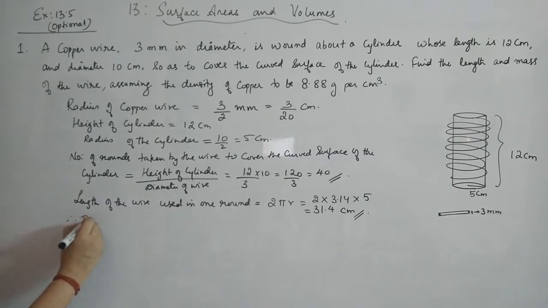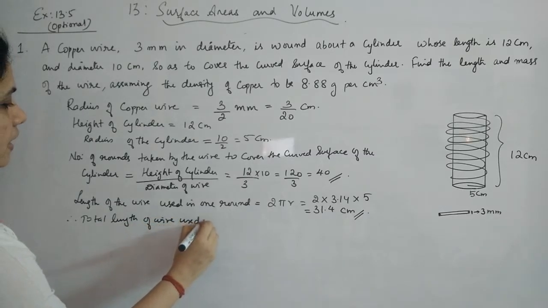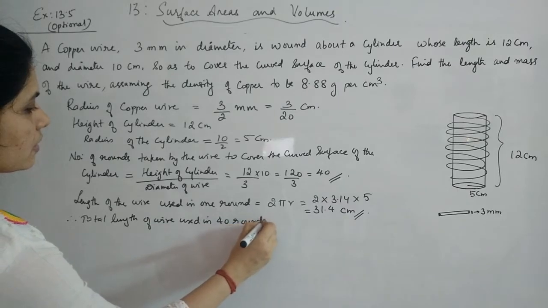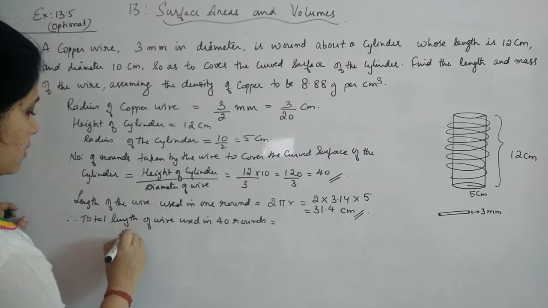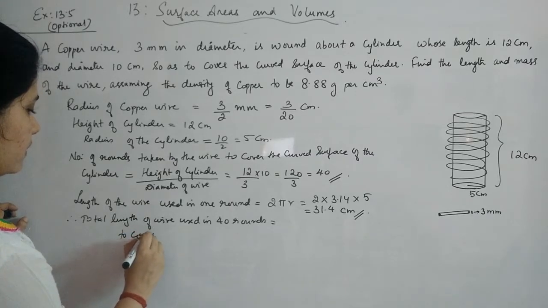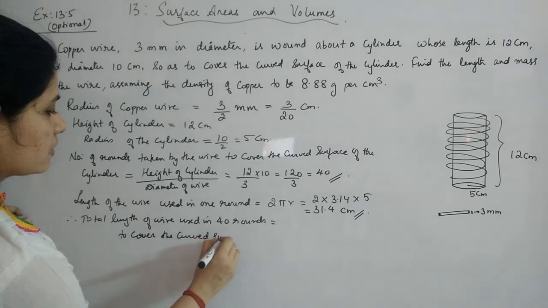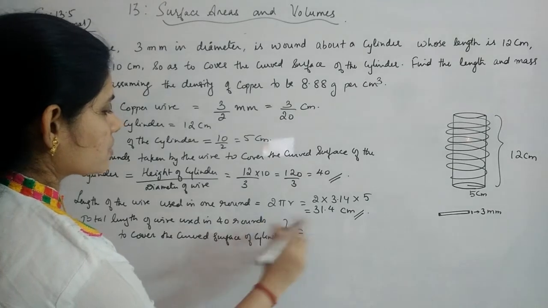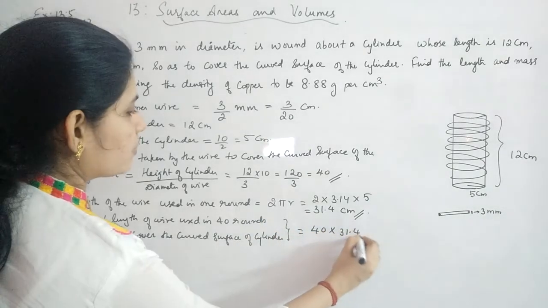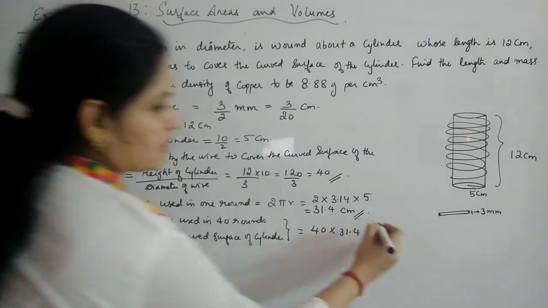Therefore, the total length of the wire used in 40 rounds, that is the same as to cover the total curved surface of the cylinder, will be equal to 40 into 31.4, and that is equal to 1256 centimeters.